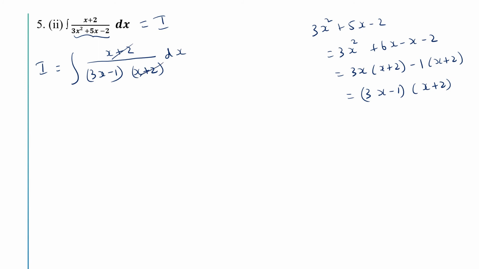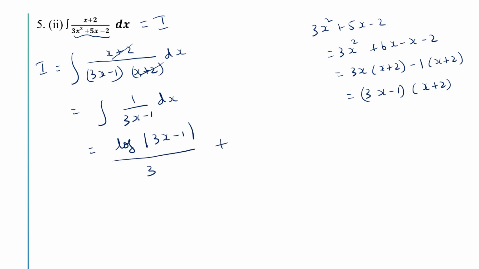So x plus 2 will go. This is integral 1 by 3x minus 1 into dx. Now we know integral dx by x is log mod x. So integral dx by 3x minus 1 is log mod 3x minus 1 divided by 3 plus c.